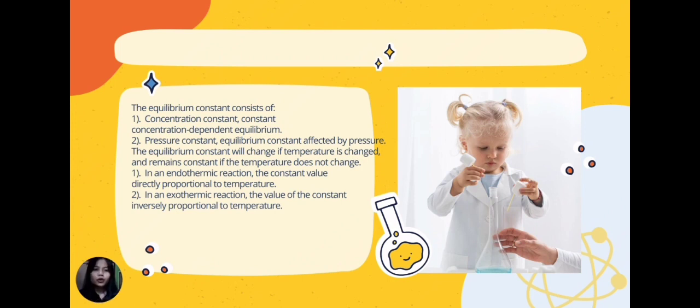The equilibrium constant consists of: 1. Concentration constant, the equilibrium constant dependent on concentration. 2. Pressure constant, the equilibrium constant affected by pressure. The equilibrium constant will change if temperature is changed and remains constant if the temperature does not change.